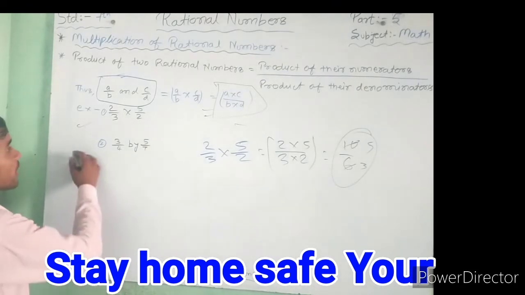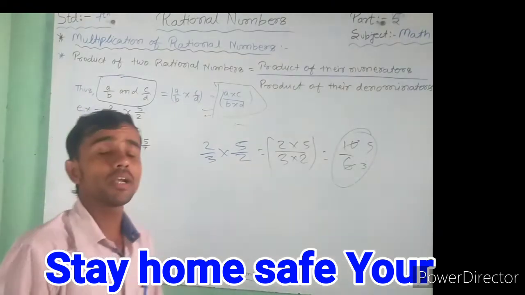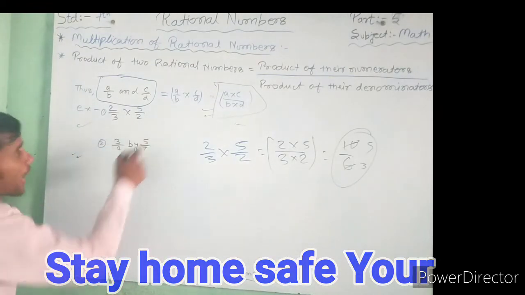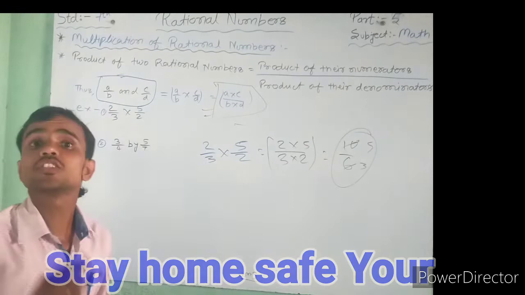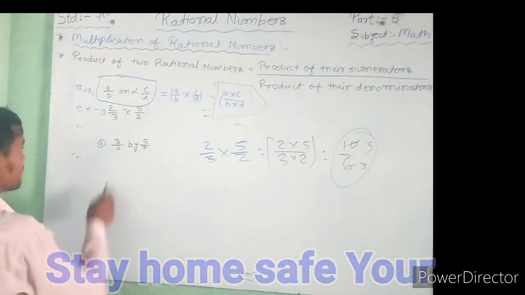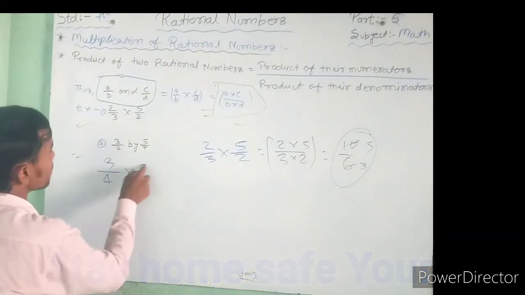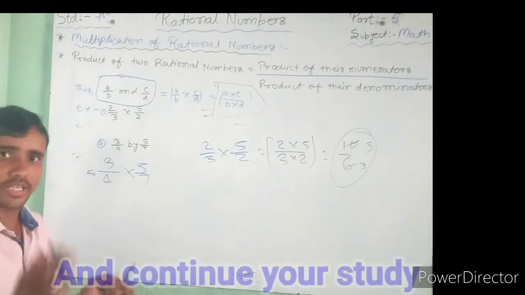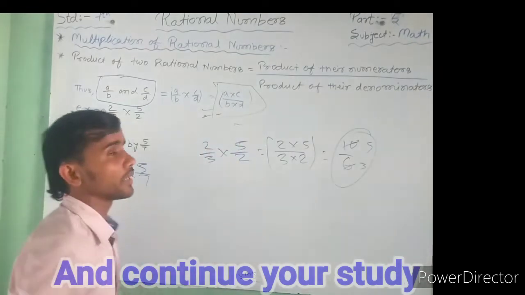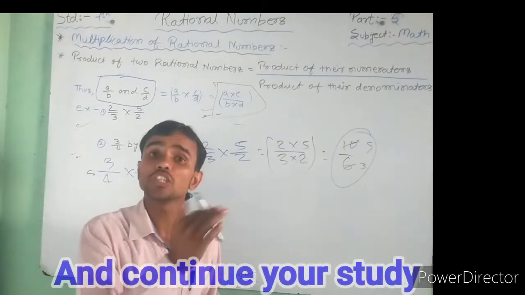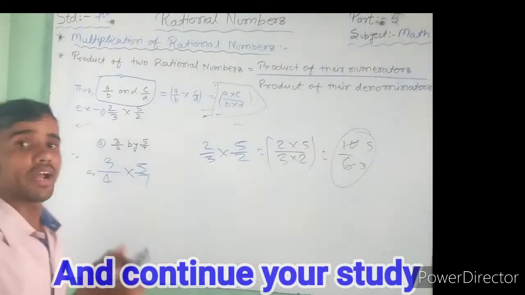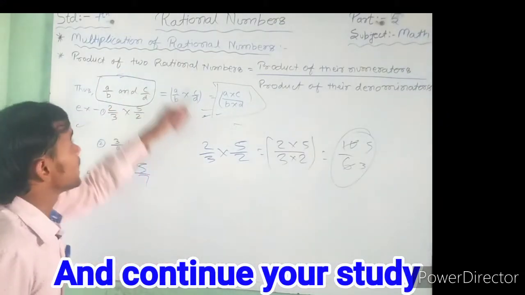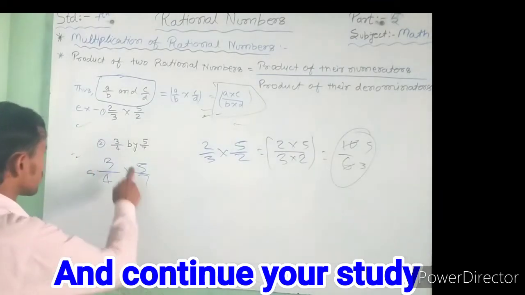Next, here is another question in this format: 3 by 4 multiply 5 by 7. That is the question format, not the answer format. How to solve it? First you multiply a into c upon b into d. So 3 into 5 upon 4 into 7.